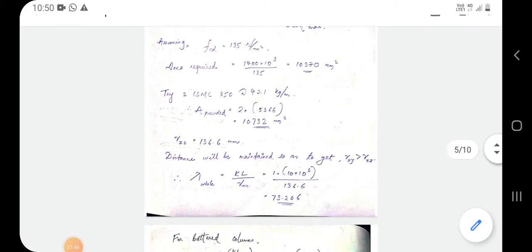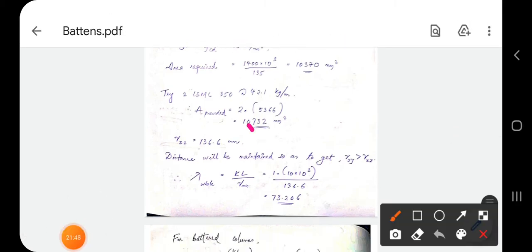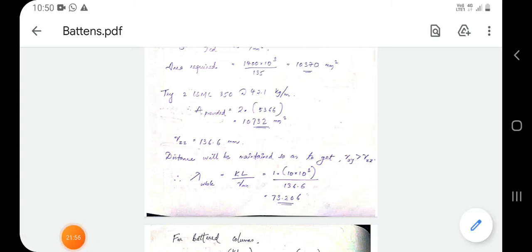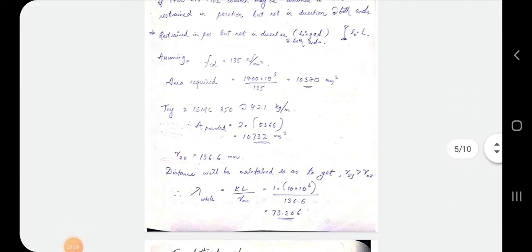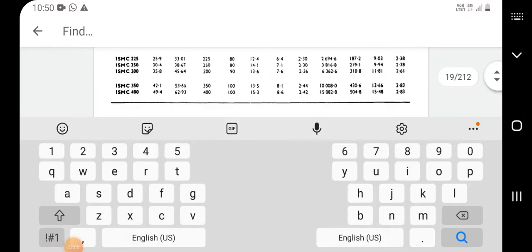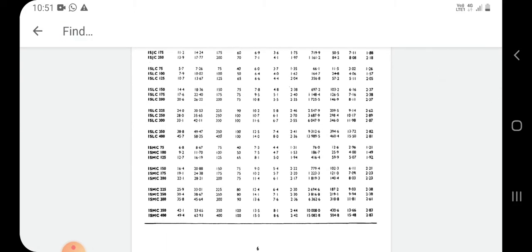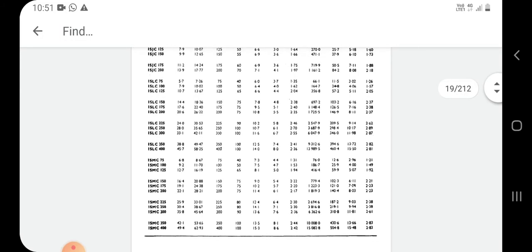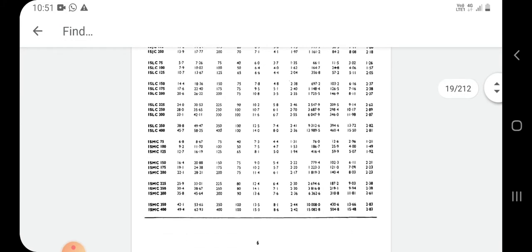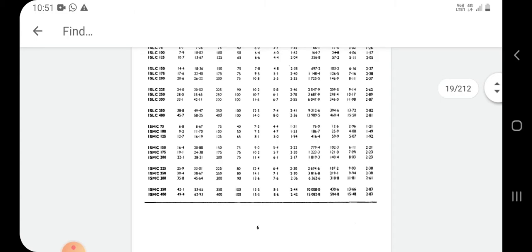Okay, and first we have to check for rzz, because we are doing it for a built up column. So the value of rzz is 136.6. Actually in the table you can see that the ry value is 2.83 centimeter and rzz will be 13.6 centimeter.